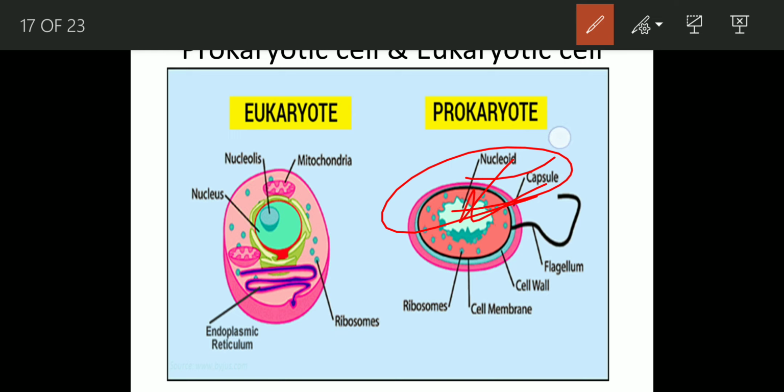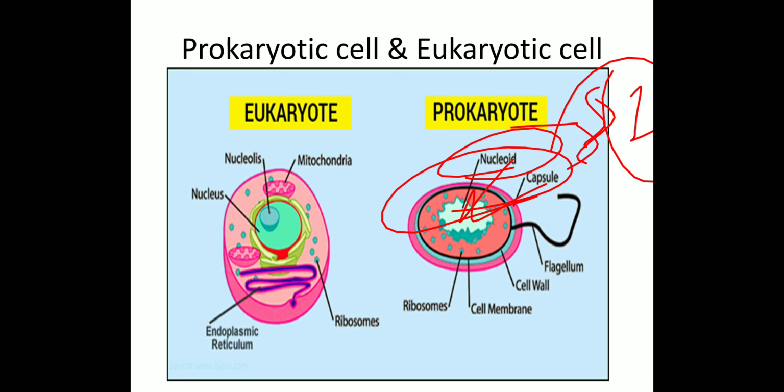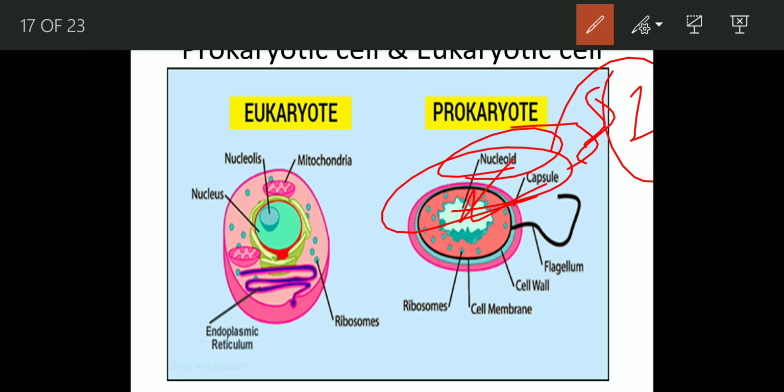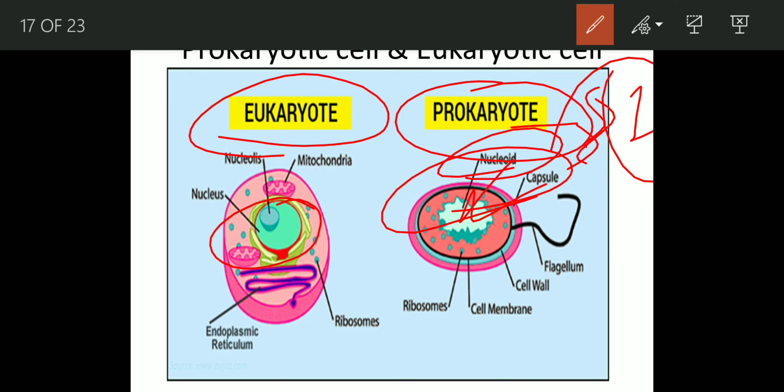They have a nucleoid, which contains the genetic material, the chromosome. Prokaryotes have only one chromosome, whereas eukaryotes have a defined nucleus with a nuclear membrane. Most plants and animals are eukaryotes, while some microorganisms like bacteria are prokaryotes.